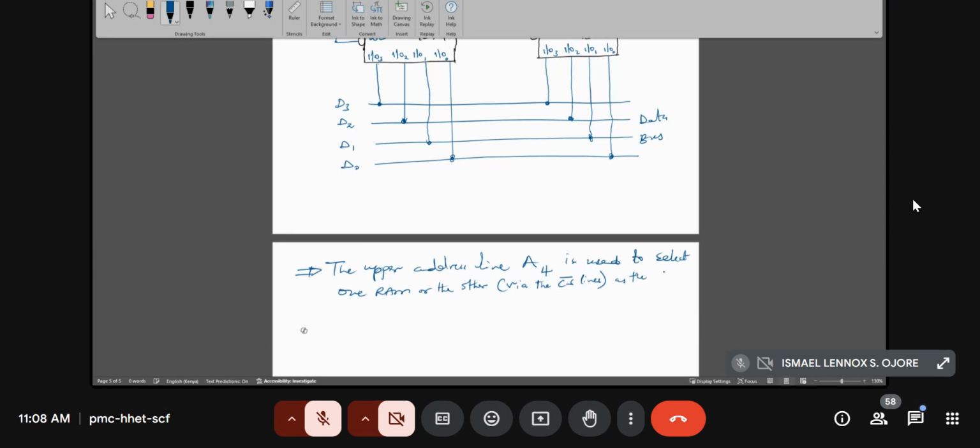So the selected chip is the one that will be read from or written to.